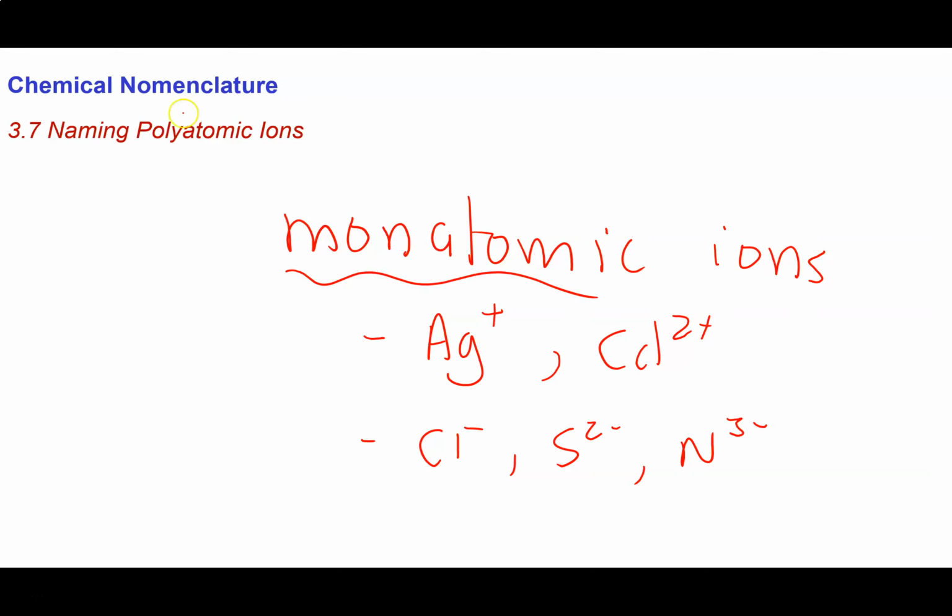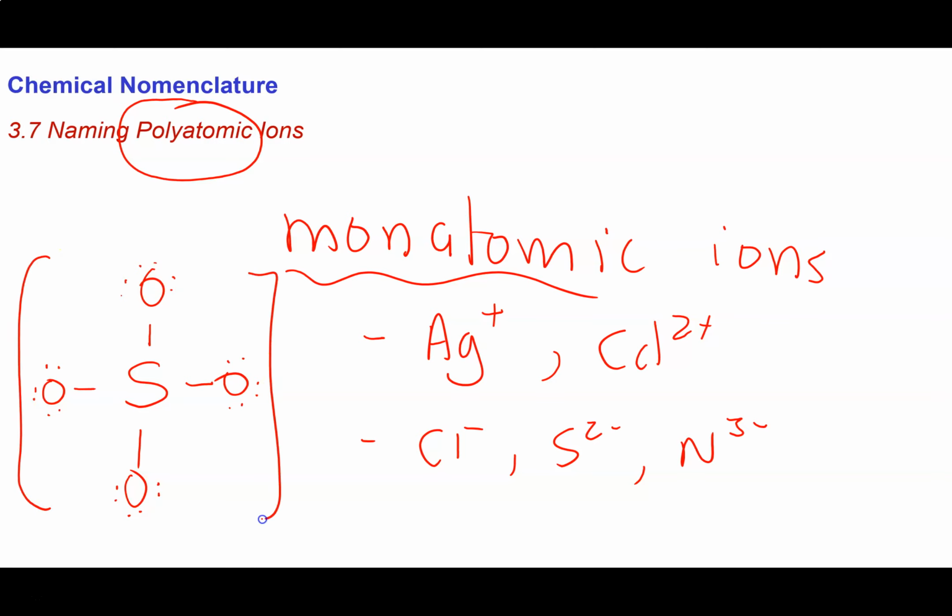What we're going to learn about now are polyatomic ions. Polyatomic ions are groups of atoms, that's why they're called polyatomic, that are held together via covalent bonds and that have either lost or gained some electrons, so that they have an overall electrical charge.